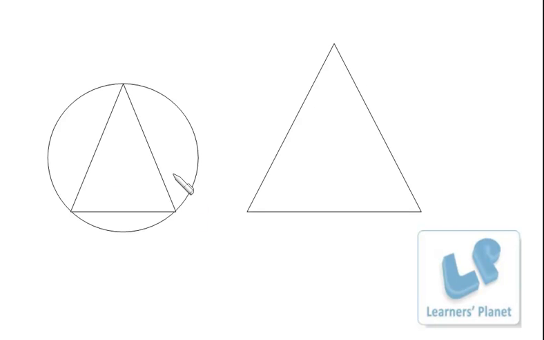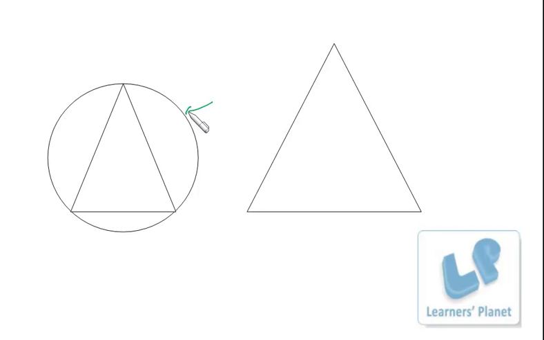Now once again we are going to discuss very important aspects related to circle and triangle, right? Here I have shown two figures. This is a triangle and this is a circle. Now what is the speciality over here? This is the circle that is circumscribing this triangle. Circumscribing this triangle means all the 3 points of the triangle are there on the circumference of the circle, right?